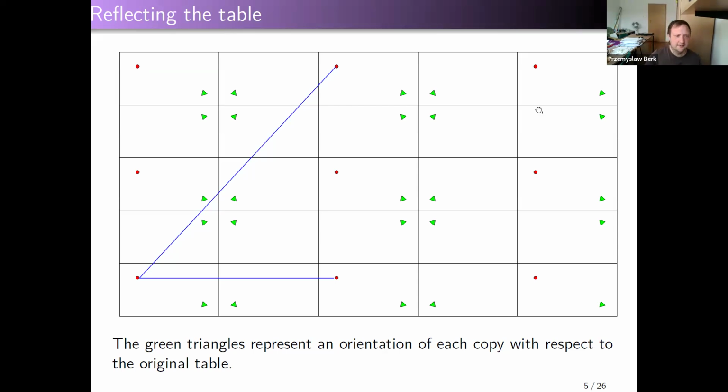So I have a point in the bottom corner, and I have another copy of the same point. I have to take care that the green triangle, which tells me in which direction I am considering, is the same. So I consider another copy of my point, and I'm just connecting those two points with a straight line. And that's it.